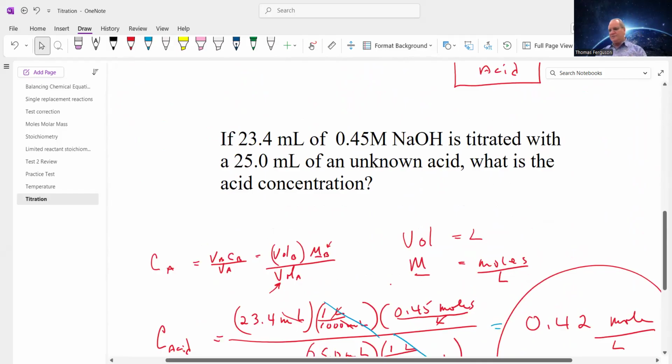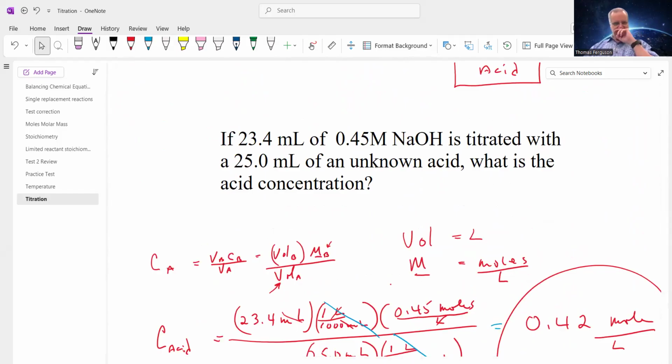Okay, so if I change this a little bit, I could say something like, if the initial reading of the burette, let me show you another way this problem is going to come up.